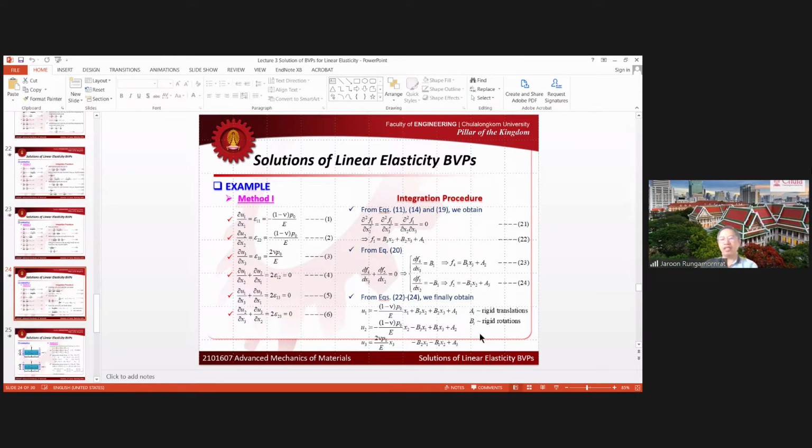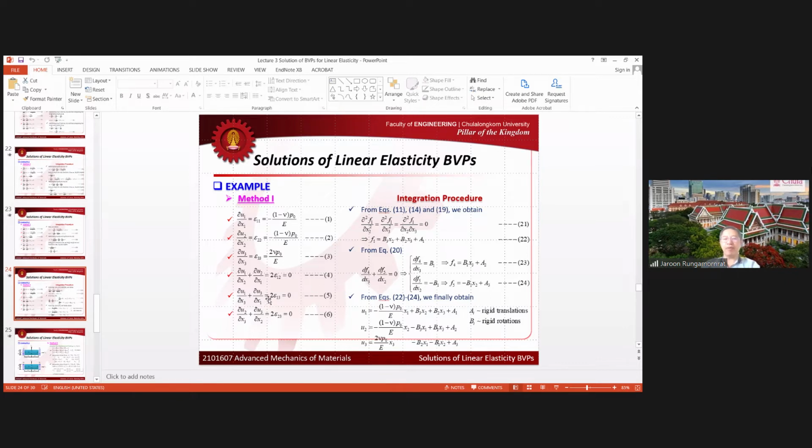But for some cases, you may restrain the body against the rigid body movement in some directions. Some of the constants here can be determined uniquely, okay? Or if you restrain the body against the rigid body motion completely, all the constants here can be determined, okay?